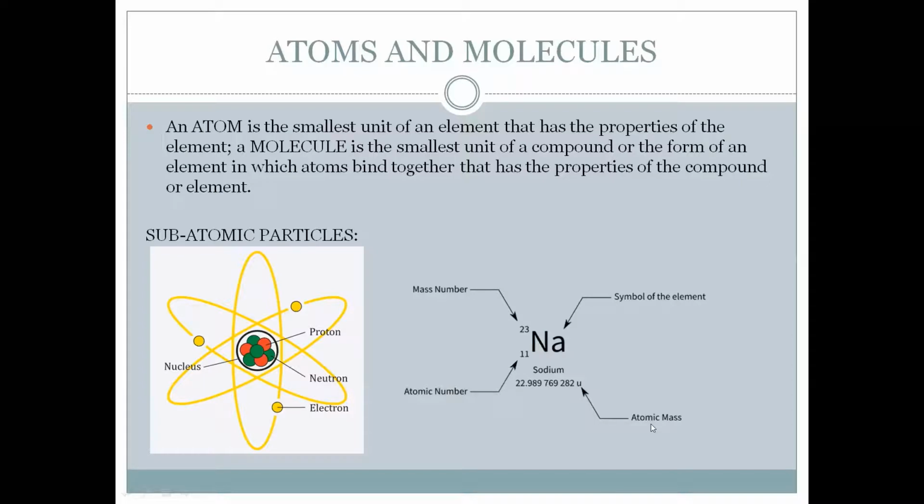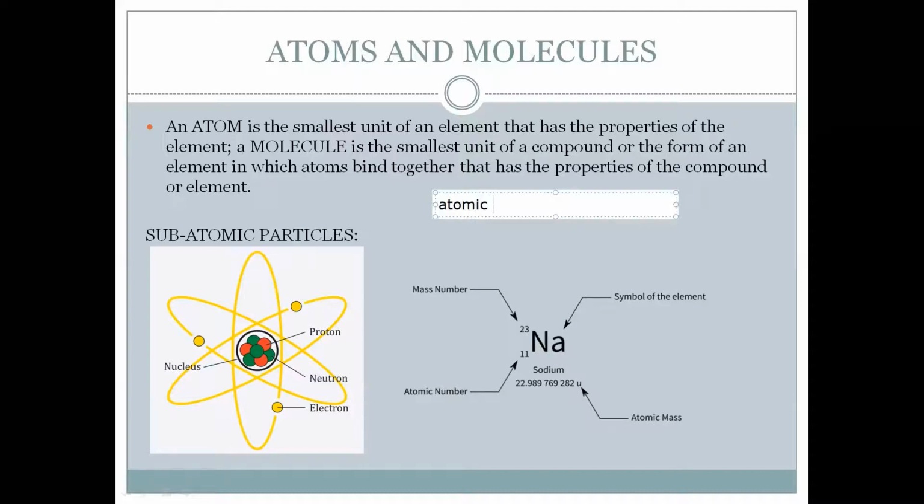Now, don't get this confused with atomic weight. Ang atomic weight is iba. Atomic weight is the weighted average of the naturally occurring isotopes of the atom or the element. Okay, so I'll write it down here.